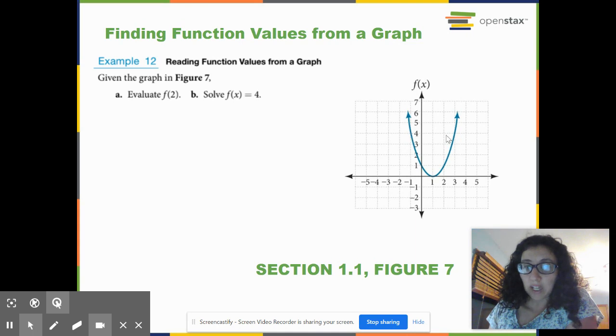There's a point here and a point there, and the x values are -1 and 3. So if we're solving f of x equals 4, the two x values are -1 and 3. To evaluate, we go along the x-axis and find the y value. To solve, we go along the y-axis and find the x values.